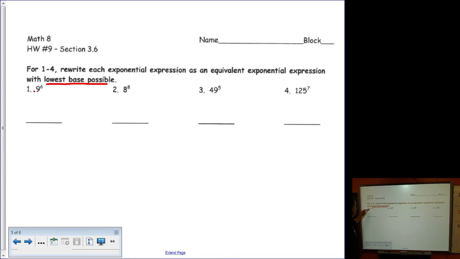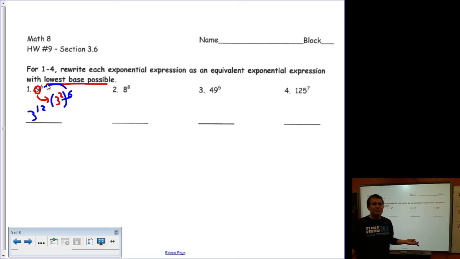It turns out that 9 is a perfect square, so 9 can be rewritten as 3 squared. But since the 9 was to the 6th power, the 3 squared must be to the 6th power. And so my final result is 3 to the 12th when I do the power to a power rule.